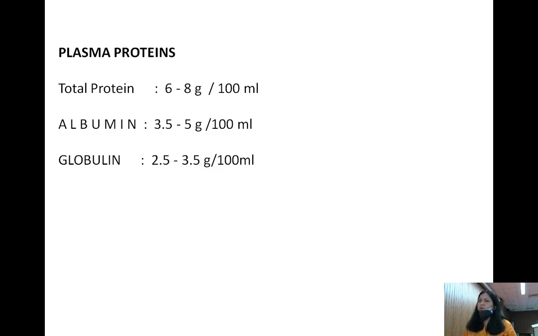This is usually asked in the exam: what is the normal value of total protein, albumin, and globulin. Remember, in the plasma, the major proteins are albumin, globulin, and fibrinogen. You can write down the fibrinogen normal level is around 200 to 400 milligram %.